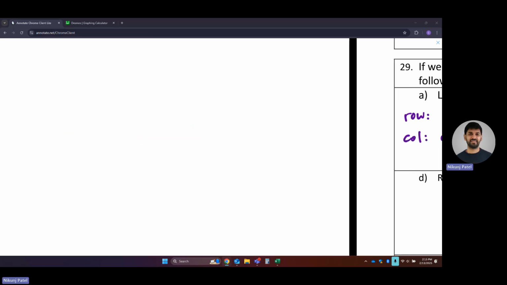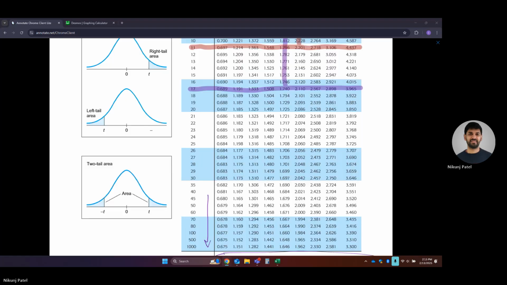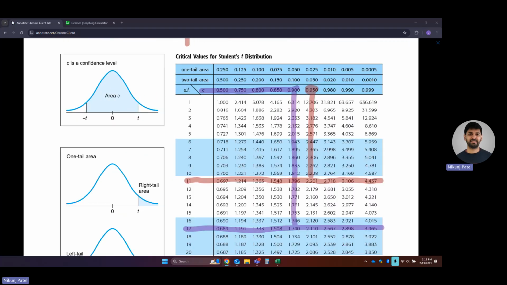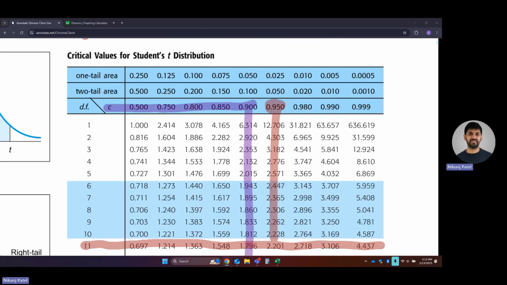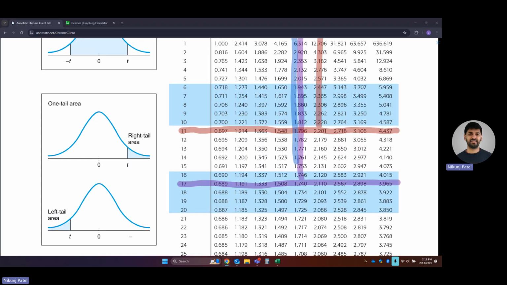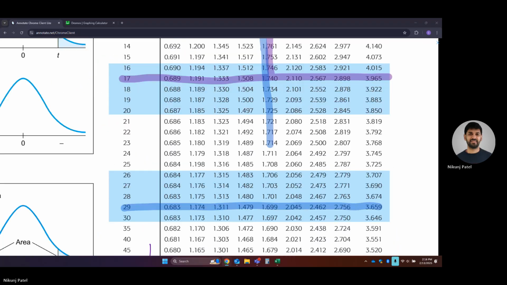So looking at our formula chart, we're going to go to row 29. There's row 29. And then we need to find the one tail area. This problem was looking for 0.050, this right here, this middle column. So we can draw around what we already wrote, going down this middle column to 1.699.